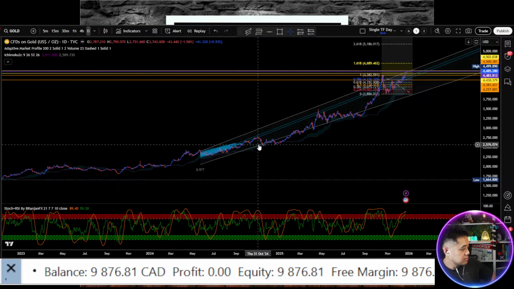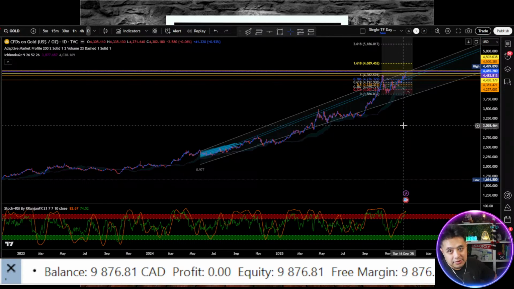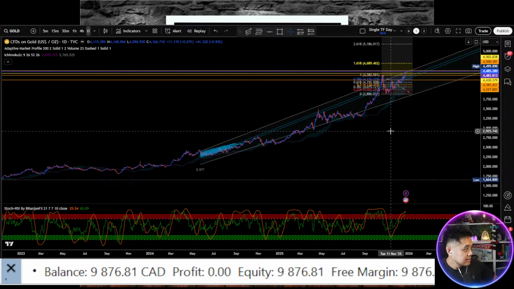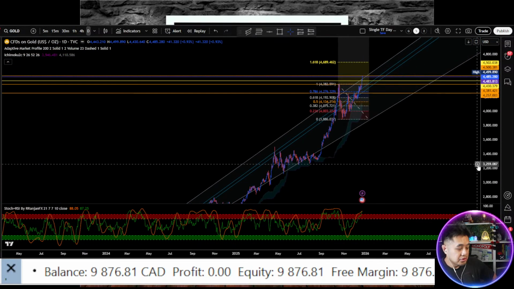So it's around 2,500-ish, 2,600 to $4,500. If it hits $5,200, then we're at 100% gain on gold. And it's looking really disgusting.